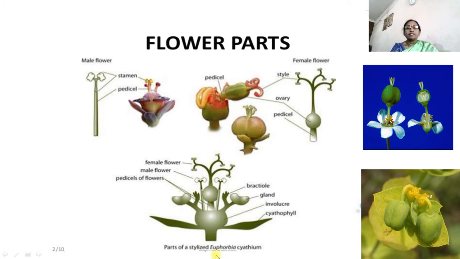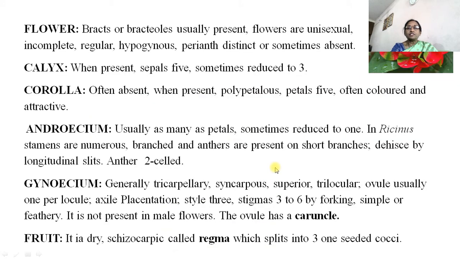Here is a part of the specialized Euphorbia cyathium. Here is an involucre formed by the bracts, that is called cyathophyll. Then the involucre, and these are the glands. It is a single female flower, which is surrounded by many male flowers. This is about the cyathium inflorescence.